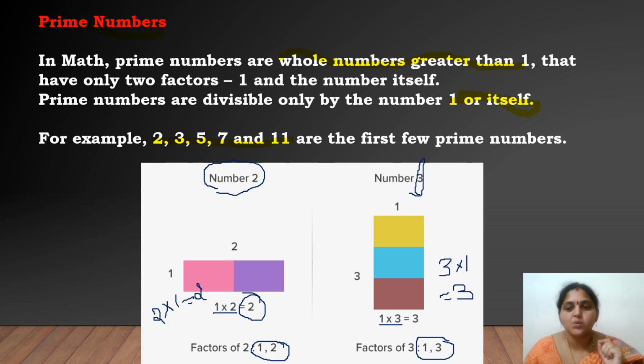I don't have more than 2 factors. So when a number has only 2 factors, such numbers are known as prime numbers. Understood now?